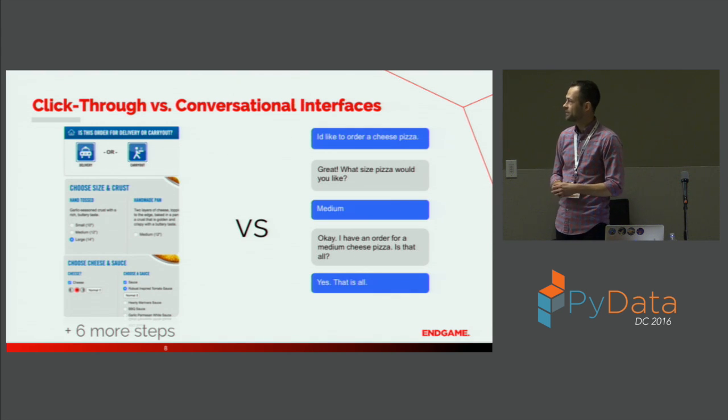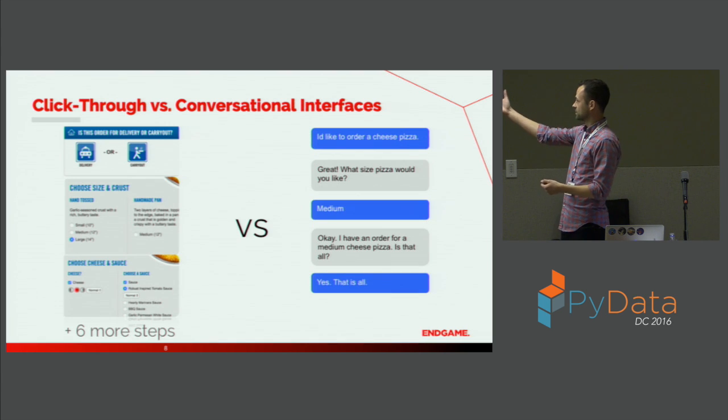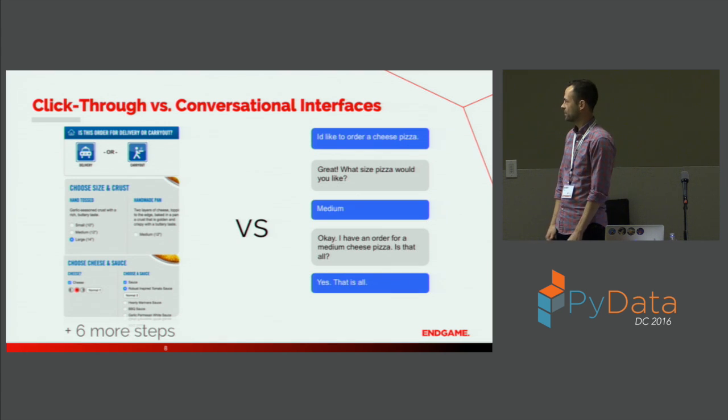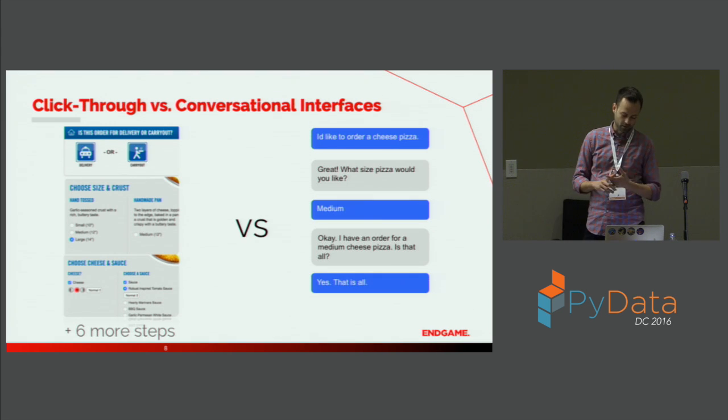This, if anybody orders pizza a lot, can probably guess the company here, but this is a click-through UI on a website versus just PizzaBot, the hypothetical or all-time great PizzaBot. Here you have in the click-through delivery, pickup, size, sauce amount, toppings amount, billing information, credit card information, username, password, all of this stuff.